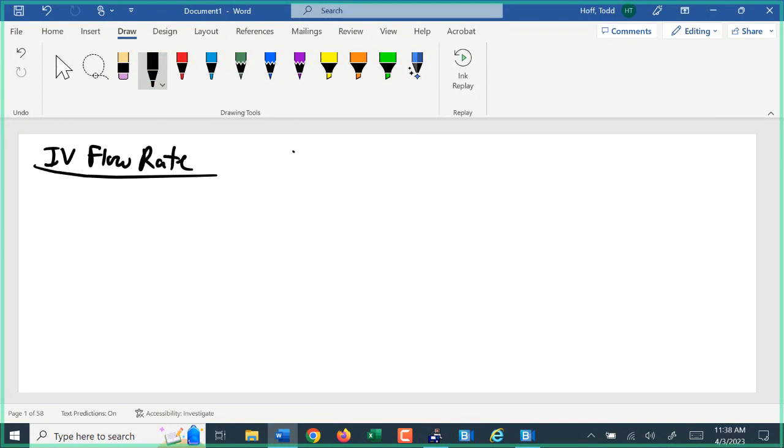And so what we're looking at here is we have an order for heparin, 5 million units over 4 hours.